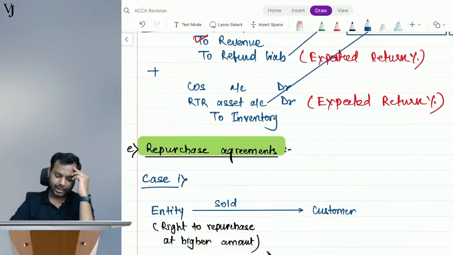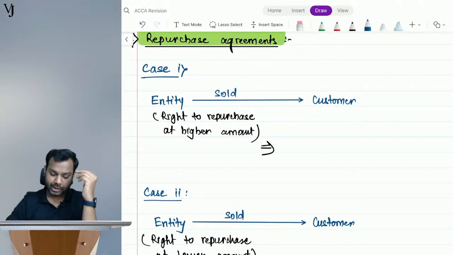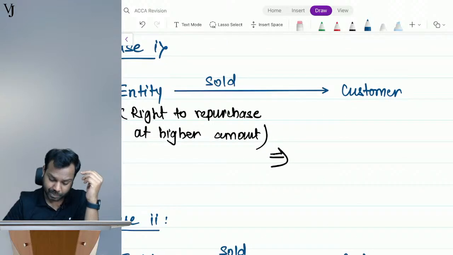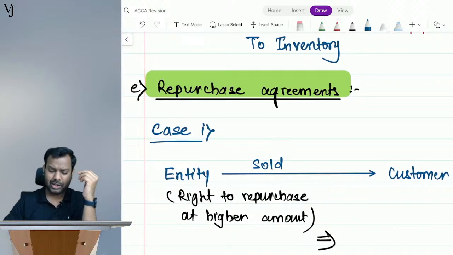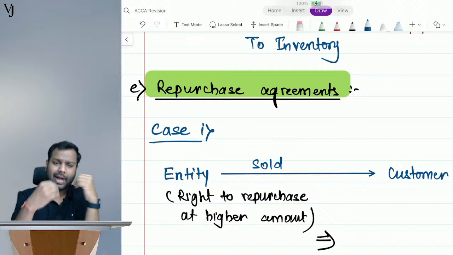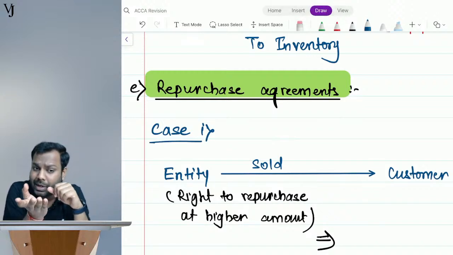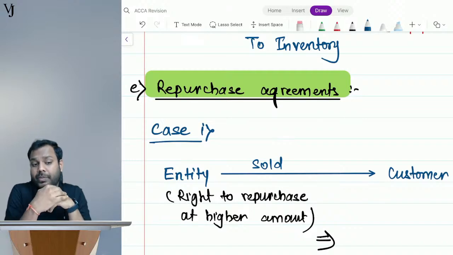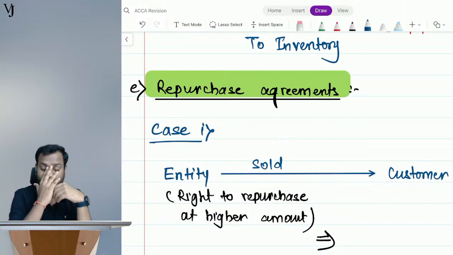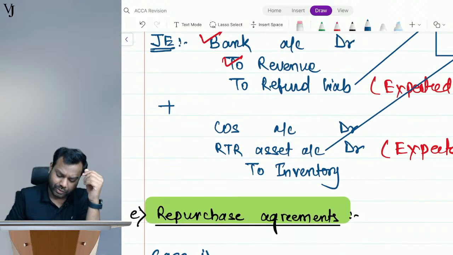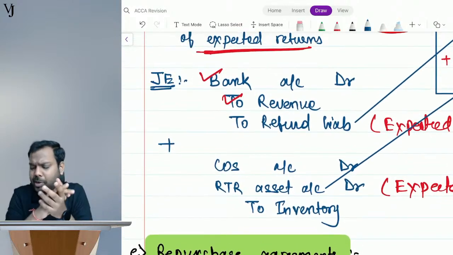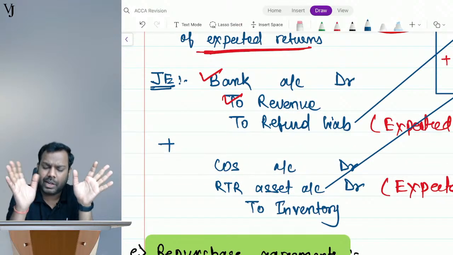The last point here in the revenue standard is repurchase agreements. What is the meaning of repurchase agreements? It means I have sold certain goods to you, and in the contract I am writing that I have a right to repurchase. You know these repurchase agreements. Even if you don't study them, you know it.